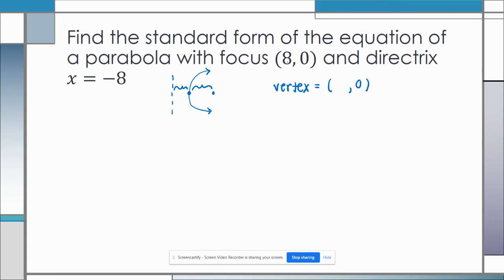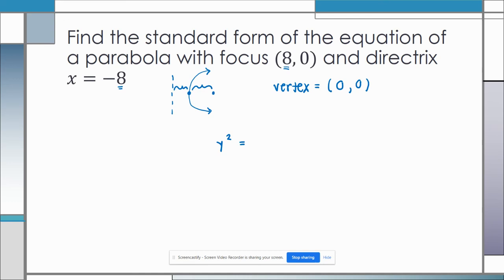How did I go from then +8 for the focus to -8 for my directrix? Well, halfway between those 2 points would have to be 0. So the vertex is (0, 0). So the y² term allows us to know that our graph is going to be opening to the right.